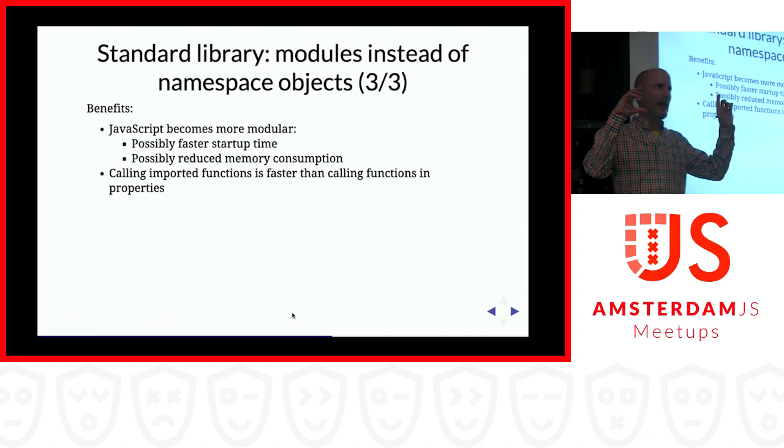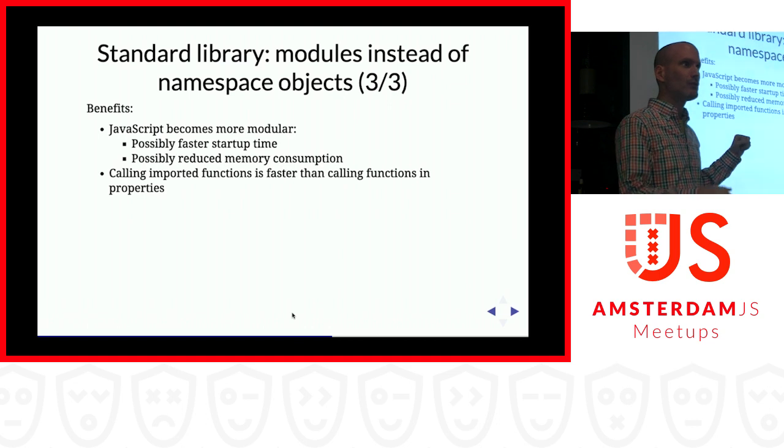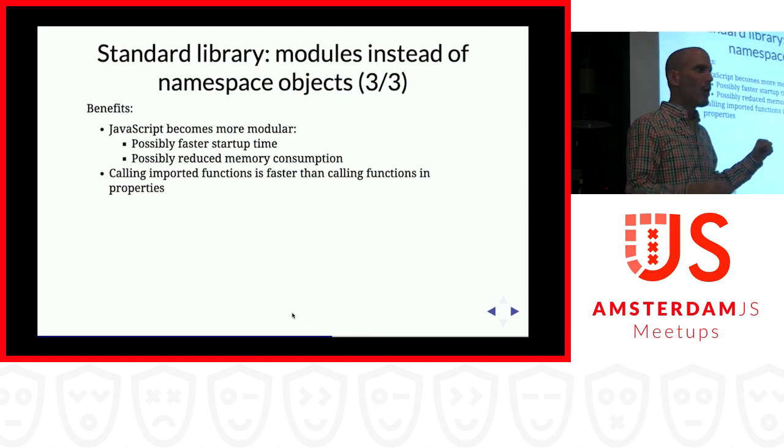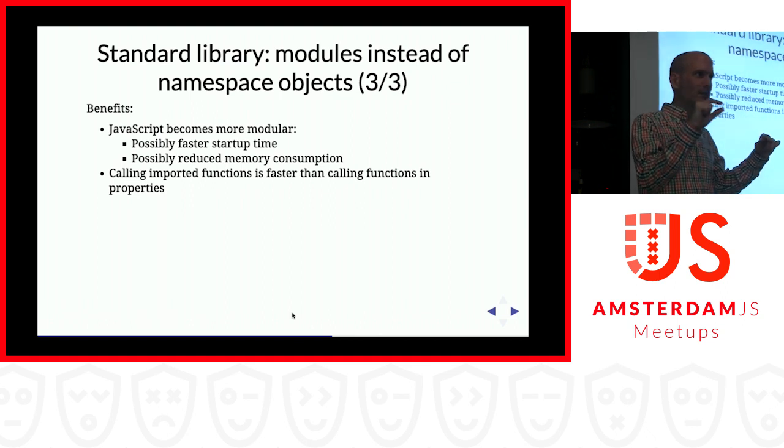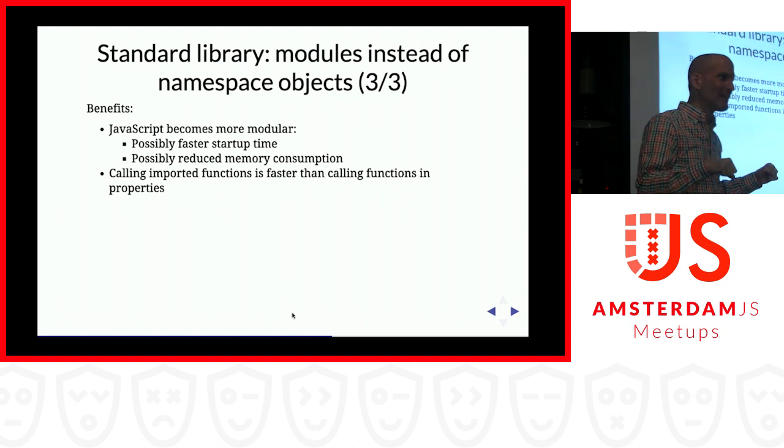And that is accessible in most engines now via a global variable called Intl, I-N-T-L, without an E at the end. And the contents of this global variable are actually loaded on demand.